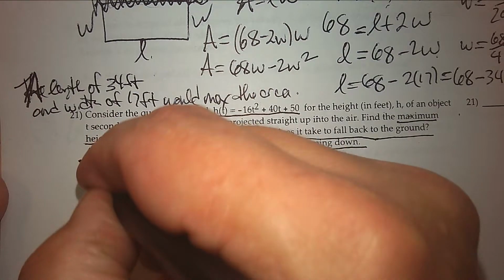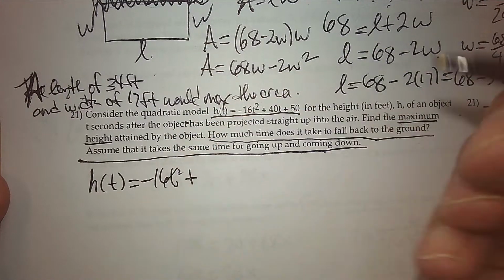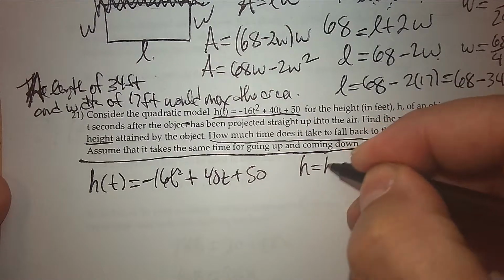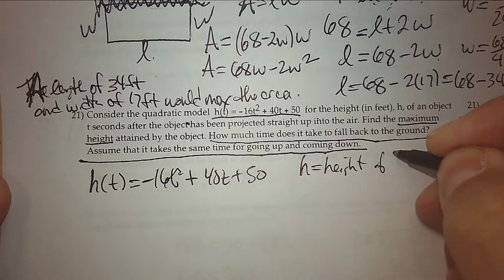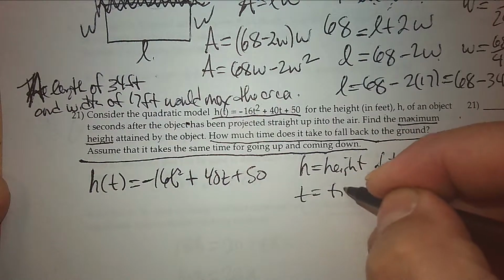So let's start with this. Understand what each variable is. H is the height of the object, and t is time in seconds.